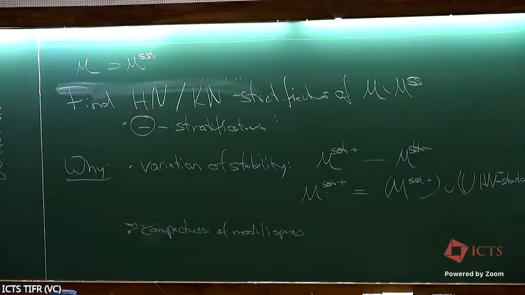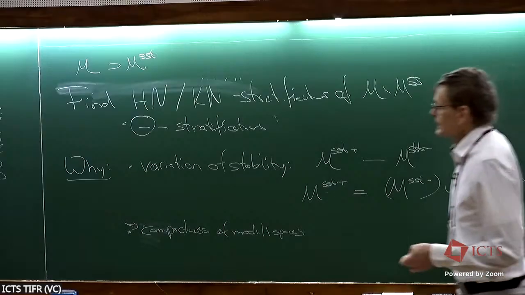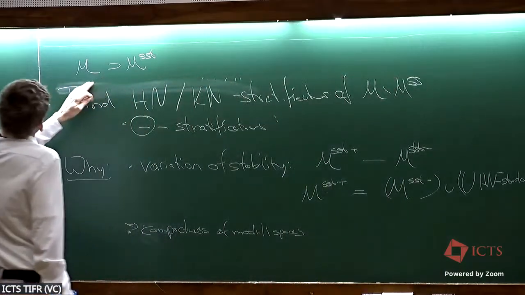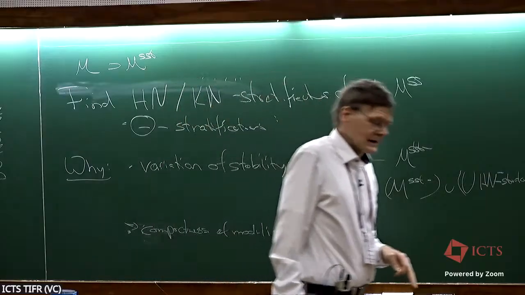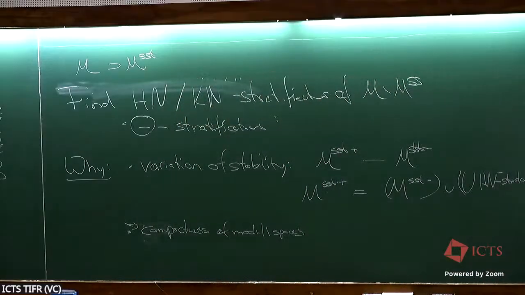From my perspective, in algebraic geometry, this is usually done by first proving a statement on the large moduli space, which is not so hard, that you can always extend families, but then you don't know whether you can extend semi-stable families to semi-stable families.